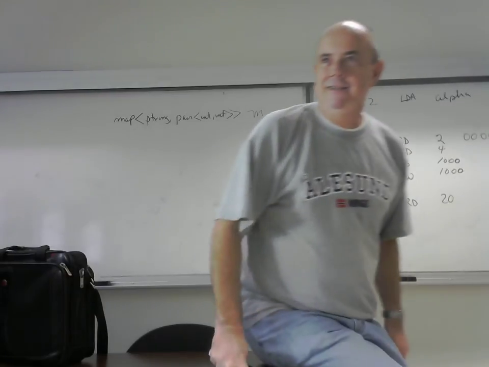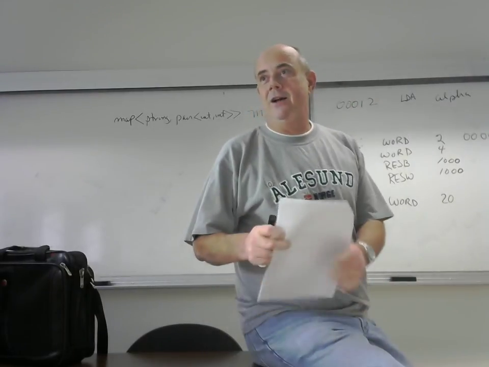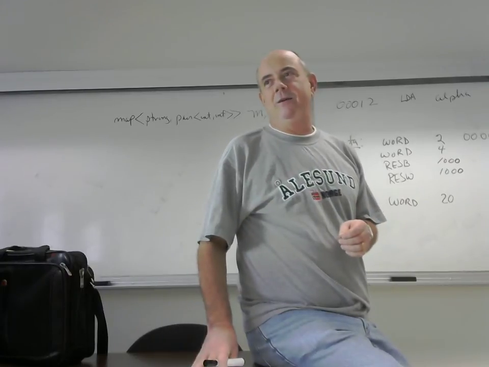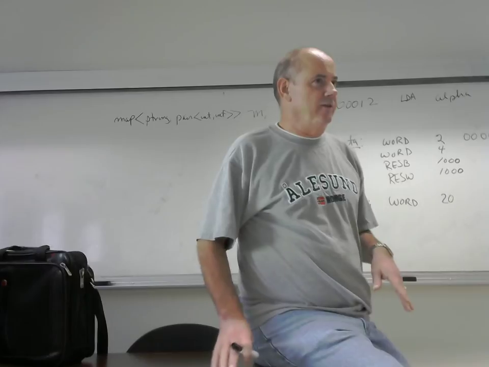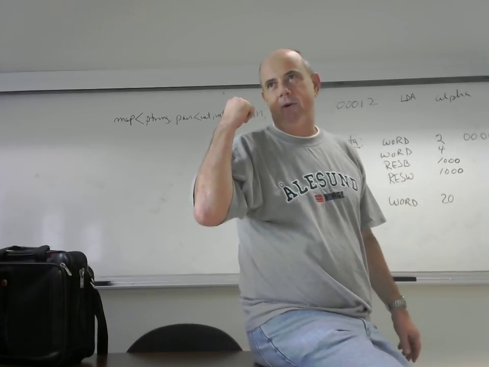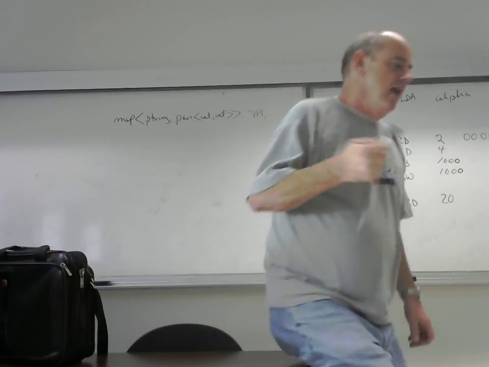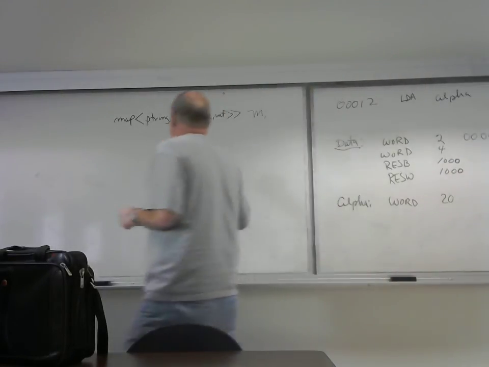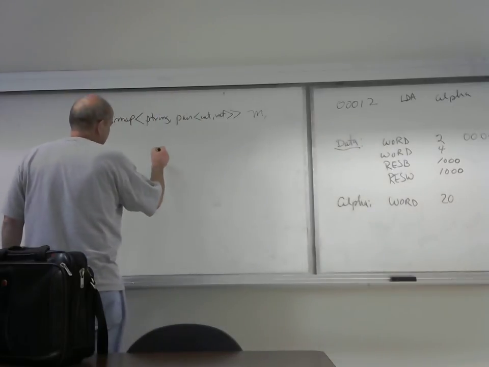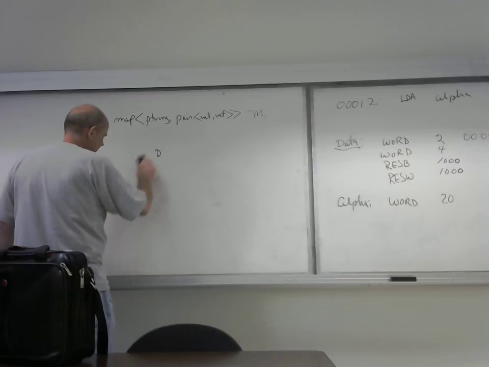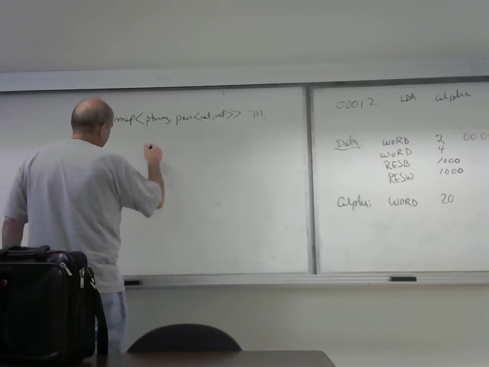About half the class told me that was wrong. Now there was a reason, right? Their assignment was different. So don't think that I would give you this. The reason I wrote this on the board is this isn't going to be on your test. They were doing opcodes. So the form of this map is they have something like add, or let's use LDA because I know what it is.